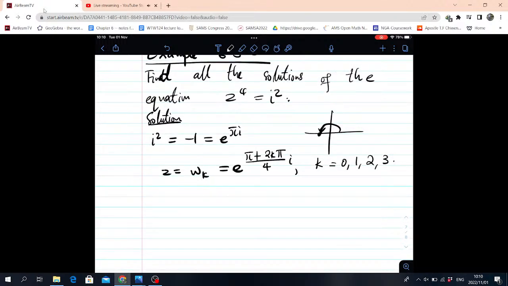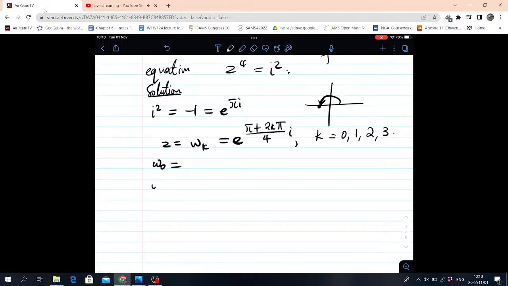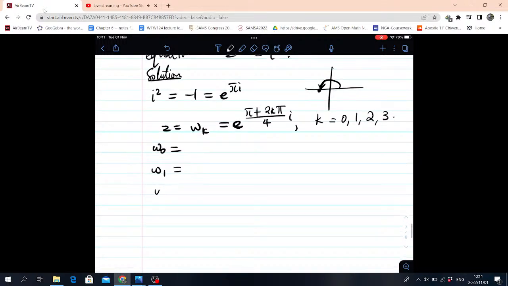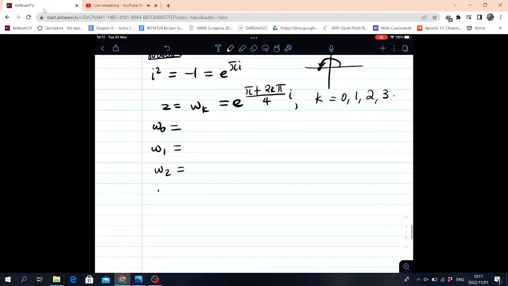From here, I'm going to skip the part where you have to put in k equals 0, 1, 2, 3. You can easily do that. So let me just say w_0, w_1, w_2, w_3 are equal to that.